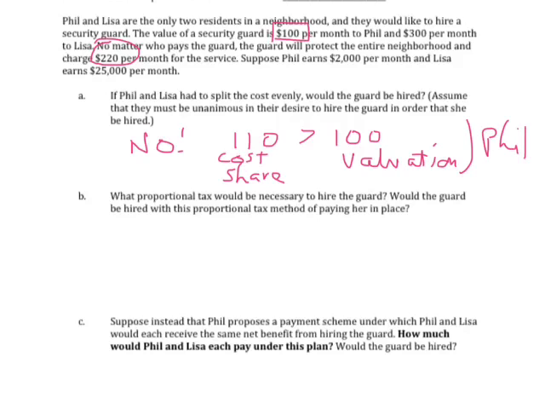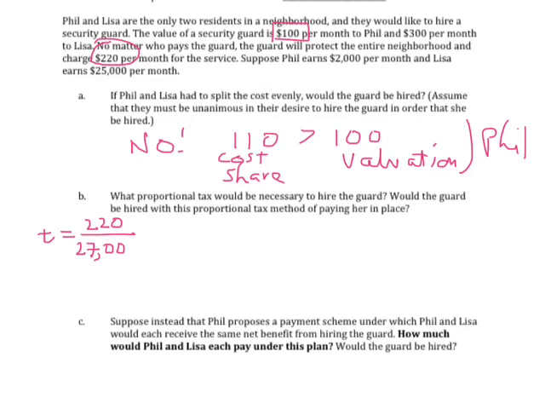All right, what proportional tax would be necessary to support the hiring of this guard? And this is just the share of each person's income that would be necessary. And we can find that fairly directly just by calculating what the charge of the guard is as a proportion first, and I'll express it as a percentage. What proportion that cost of the guard is to citizens' income.